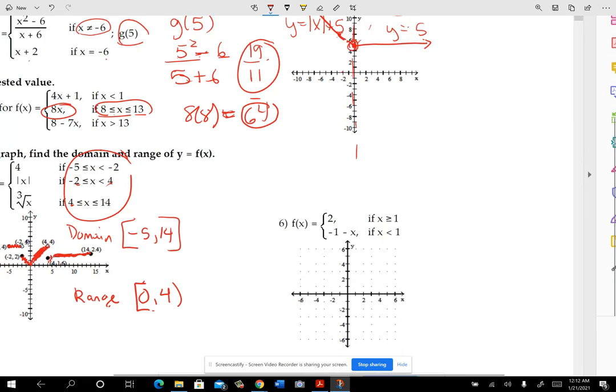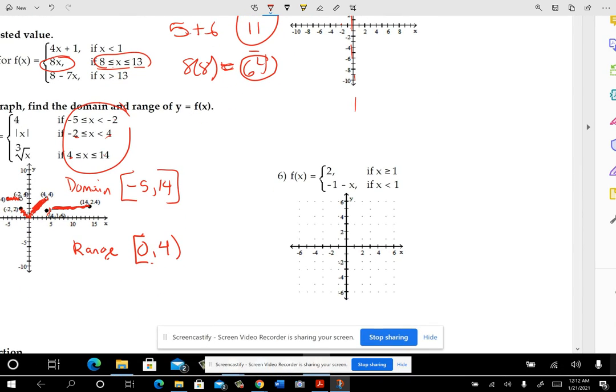Okay, let's look at number 6. It has 2 when I'm to the right of 1. So here's where the coordinate plane is going to be broken. That's not a vertical asymptote. That's just me organizing my thinking. So I'm going to have y equal 2 to the right and y equals -1 minus x when I'm to the left of 1.